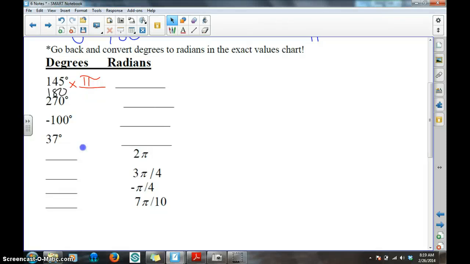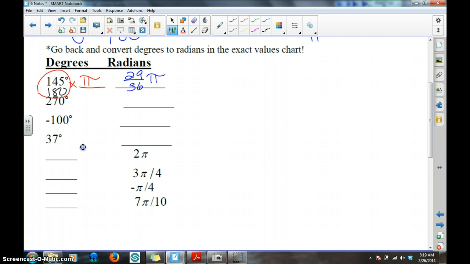So I can think of this 180 as being under the 145, and I can go to my calculator if I have one, and my brain if I don't, and reduce 145 over 180. If you have a calculator, you can type in 145 divided by 180, enter, math, enter, enter, and it'll give you the reduced form of that fraction, which is 29 over 36. That means this is 29 over 36 pi.